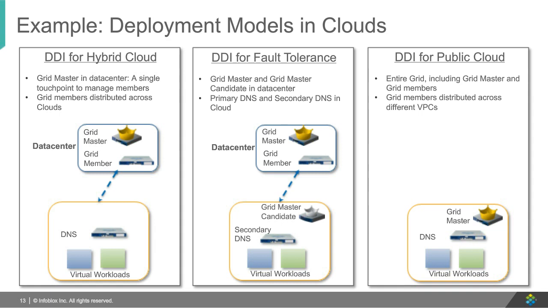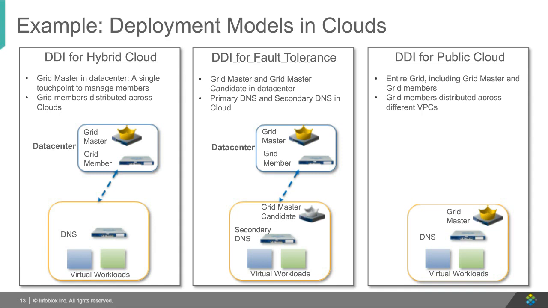So let's take a very typical deployment model that enterprises use in the production environment. I'm assuming the first example, the DDI for hybrid cloud. Typically you have some of your mission critical or data sensitive workloads on-prem, right?